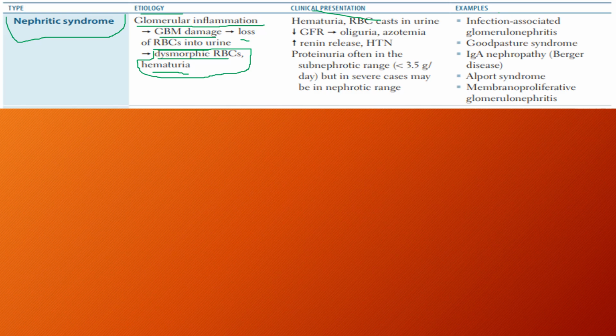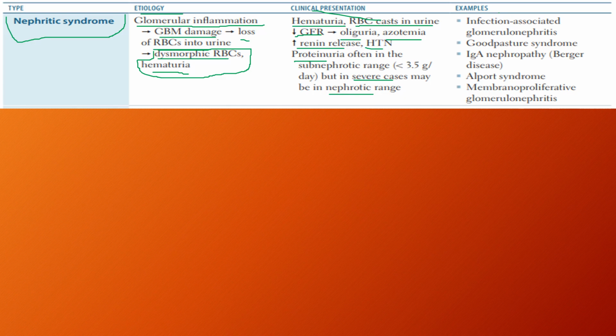Its clinical presentations are hematuria, RBC casts in urine, decreased glomerular filtration rate, which causes oliguria and azotemia, increased renin release, hypertension, and proteinuria, often in the subnephrotic range, less than 3.5 grams per day, but in severe cases it may increase into the nephrotic range.